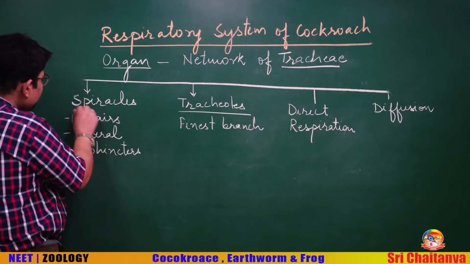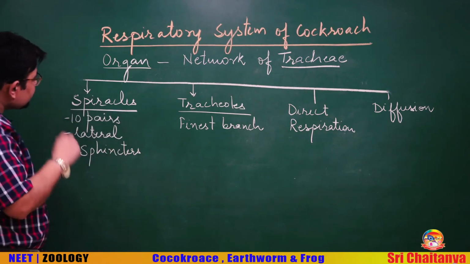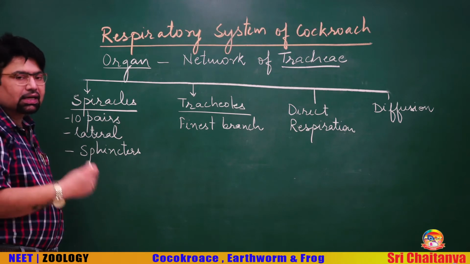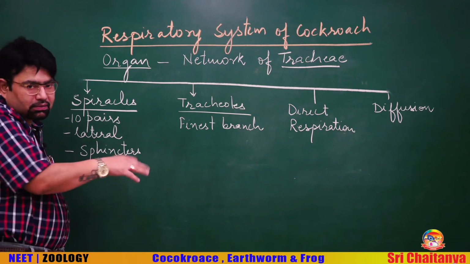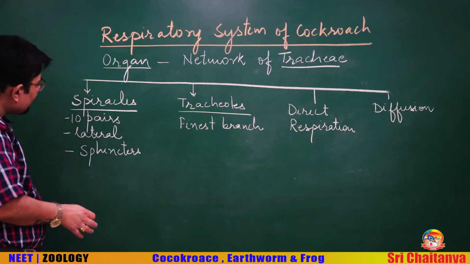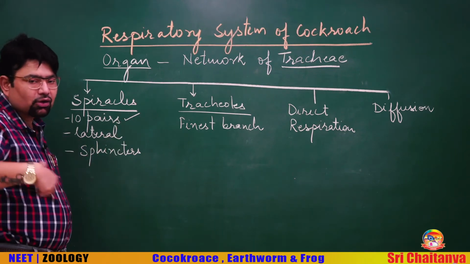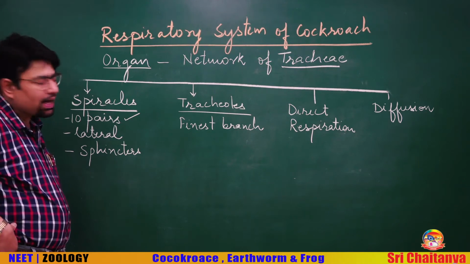Number one, the spiracles. These spiracles are like our nostrils. These are the openings of the tracheal system. How many? 10 pairs. 2 pairs are in thorax and 8 pairs are in abdomen.